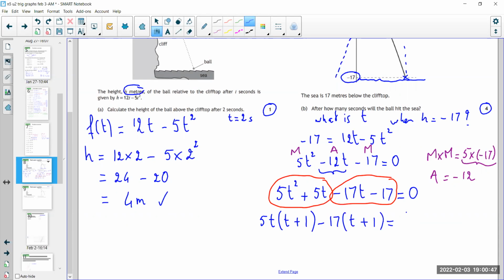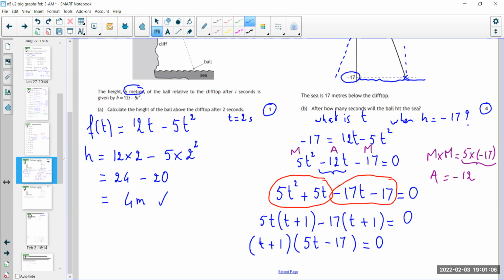If you've done your work correctly, you always see that those two will come back up again. And now I can factorize using t plus 1 times 5t minus 17.